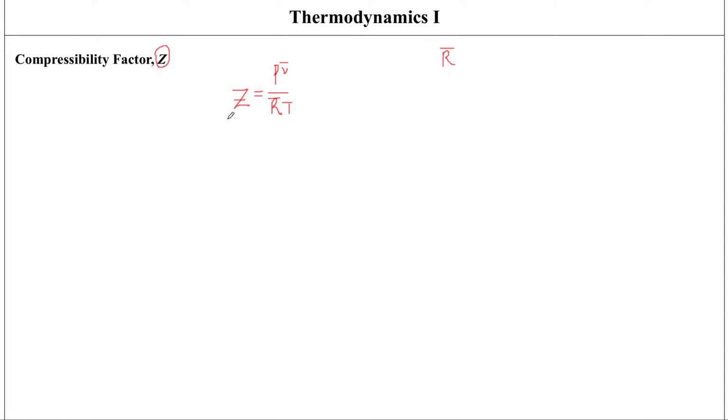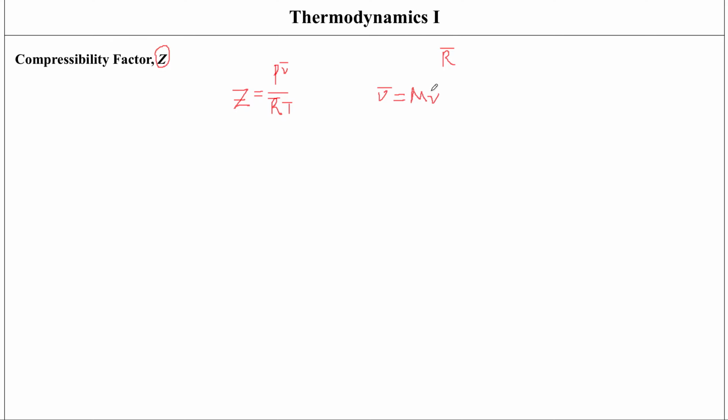So now that I have this Z as a unitless value, I can define V dash, if I want to relate it to specific volume, as M into V, where M is going to be the molecular weight of whatever the gas is that we're looking at.